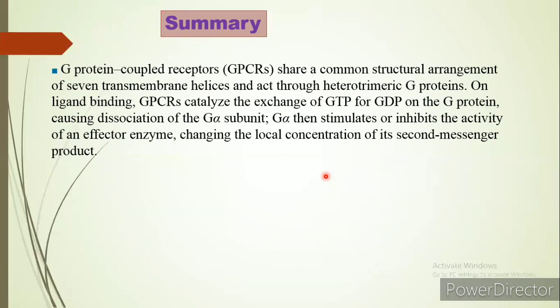On ligand binding, GPCRs catalyze the exchange of GTP for GDP on the G protein, causing dissociation of the G alpha subunit. Then G alpha stimulates or inhibits the activity of an effector enzyme, changing the local concentration of its second messenger product.